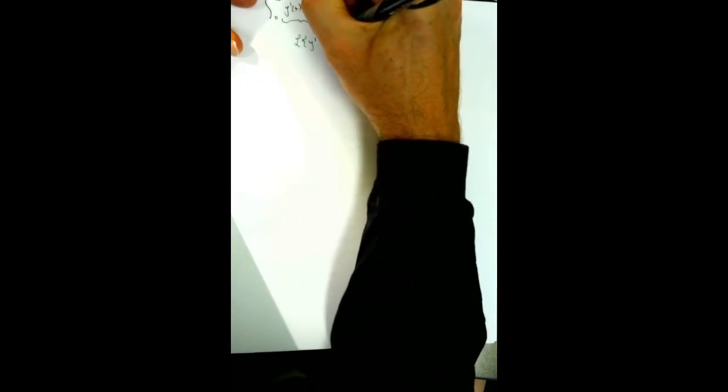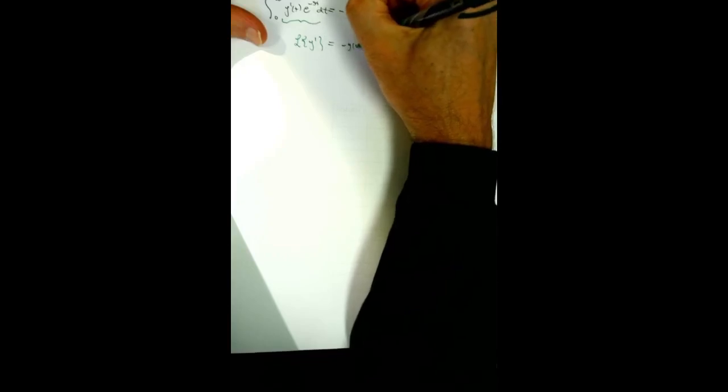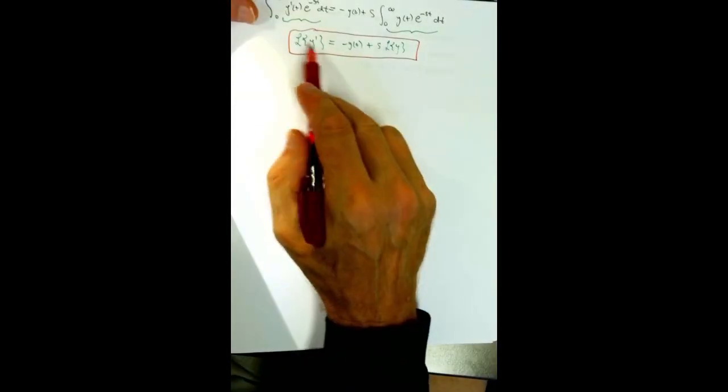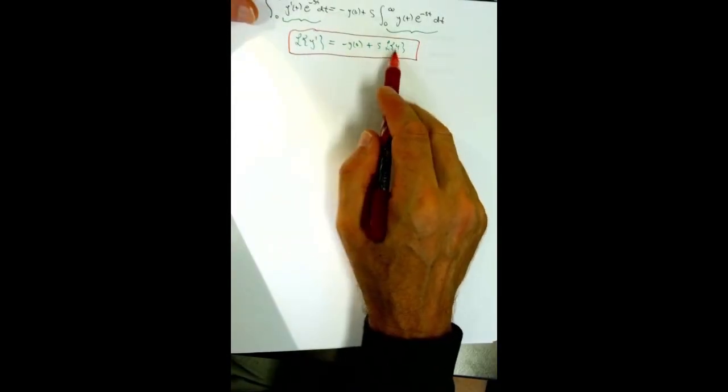I notice that this thing on the left is the Laplace transform of y prime. This thing here is the Laplace transform of y, and these both come from the definition. Which means that if I take the Laplace transform of y prime, I can rewrite it in terms of the Laplace transform of y.